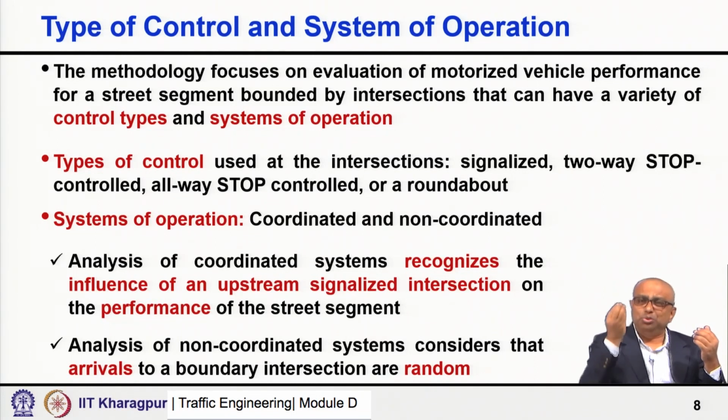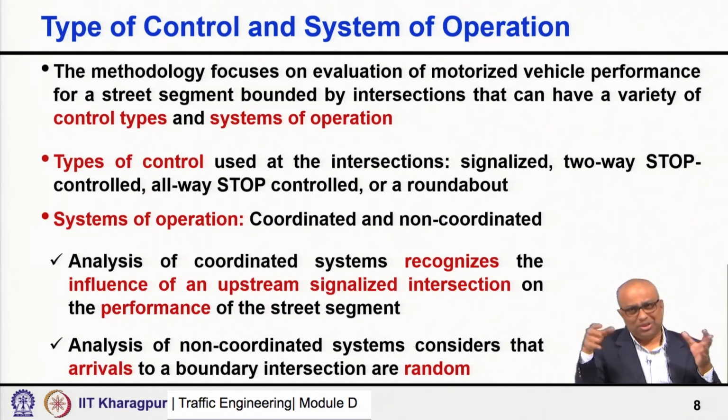That means you take only one urban intersection, consider its input and try to analyze the operation, just considering that intersection as an isolated intersection. We do not bother about other things. We are considering only one intersection at a time.